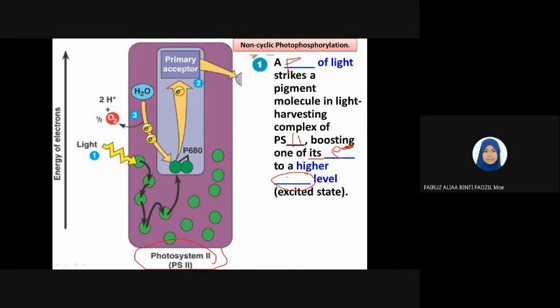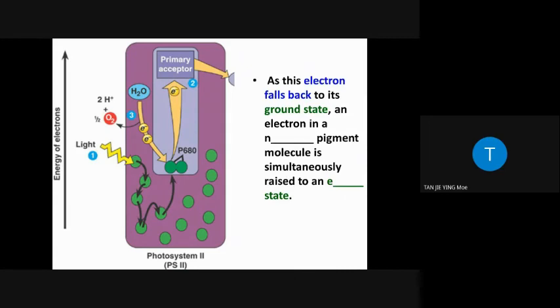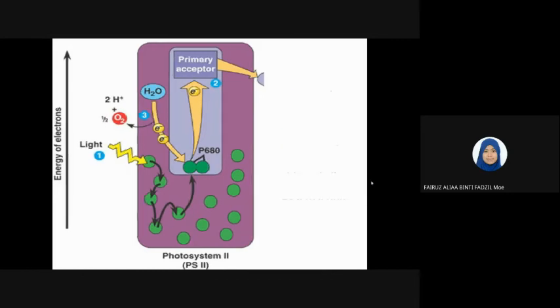As this electron falls back to its ground state, an electron in a nearby pigment molecule is simultaneously raised to an excited state. Okay.